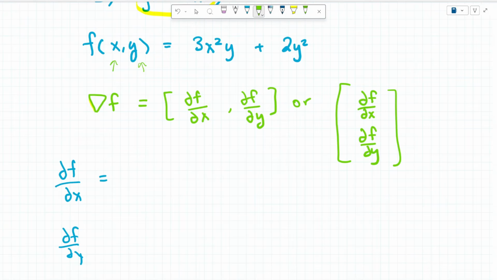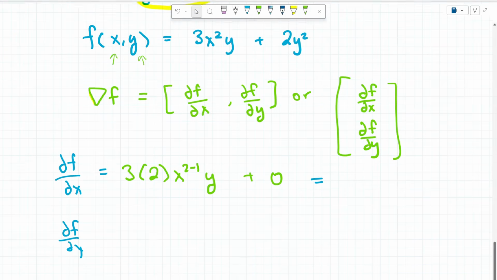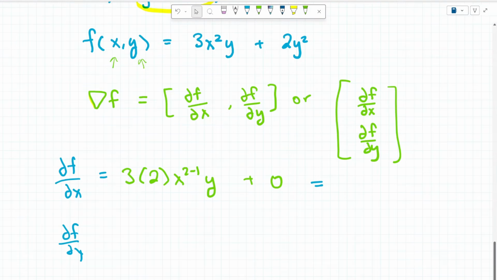We're going to use the power rule here. So we've got 3, then we bring down the 2x to the 2 minus 1, keeping y as constant. Since we don't have any x in our second term, this is going to equal 0. As such, this simplifies to 6xy.